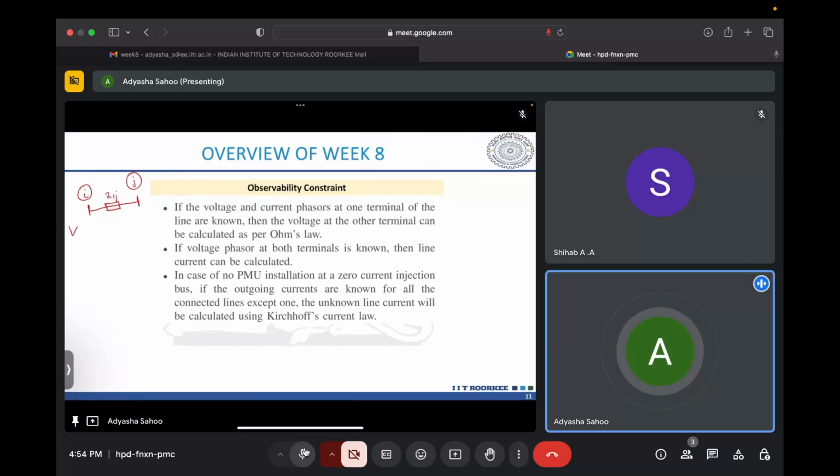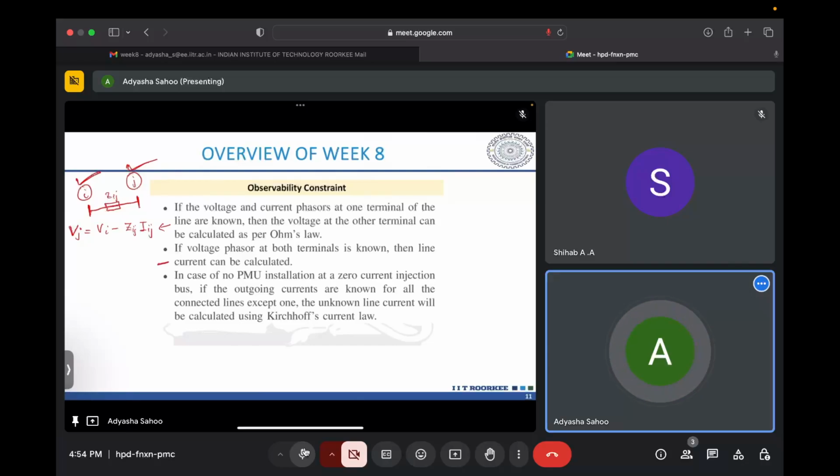So if you know the information at Vi, then you can calculate Vj as Vi minus Zij Iij, basically the drop in this line. So hence, if you have information at bus i, and you have a line connecting bus ij, then you can also find the information at bus j.